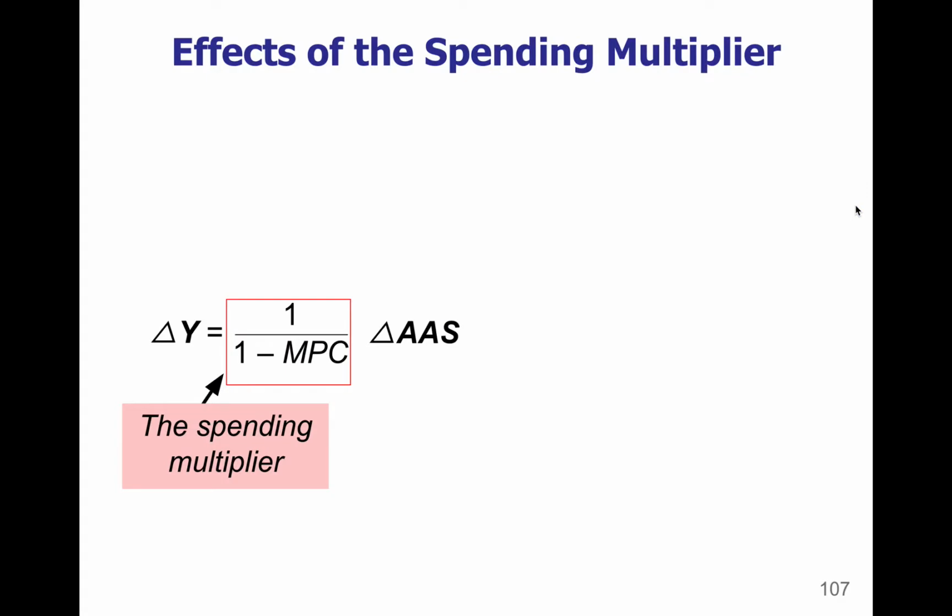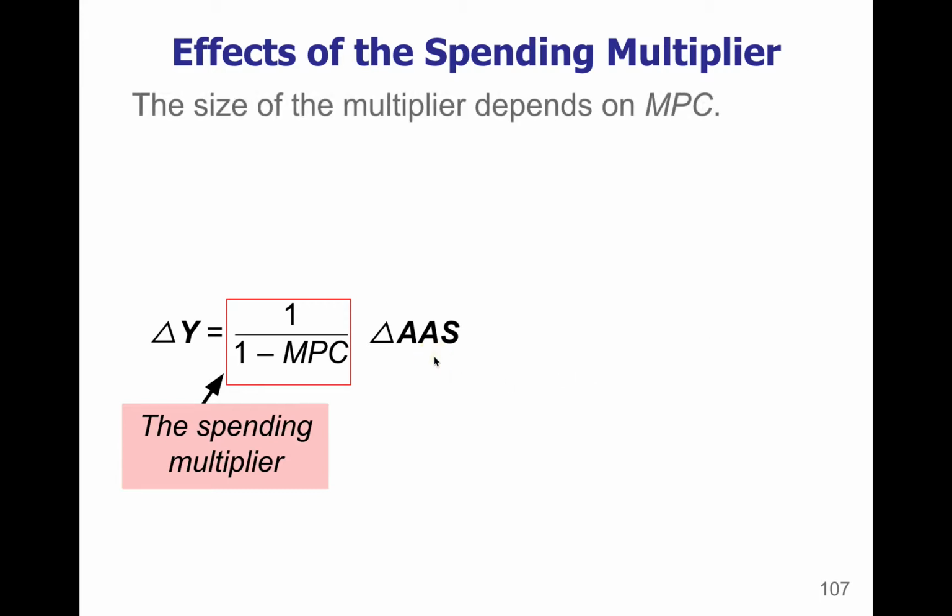Now, again, this effect is dependent upon the size of our marginal propensity to consume. So here is your equation. Delta Y equals, and then the red box here is what's referred to as the spending multiplier, 1 over 1 minus MPC. And then you multiply that by AAS, which is autonomous aggregate spending.